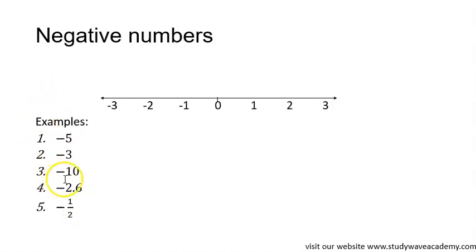These are examples of negative numbers: -5, -3, -10, -2.6, minus half, which is 1/2. So all these are negative numbers. As long as there's a minus in front of the number, it is called a negative number, okay?